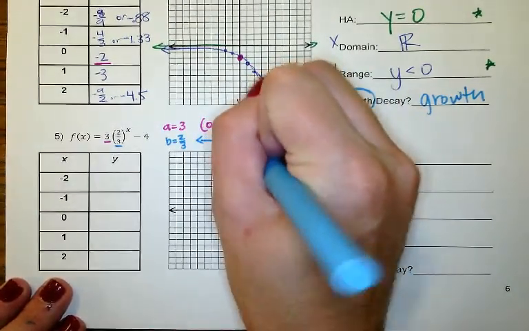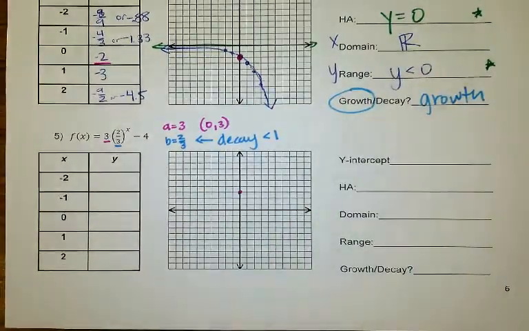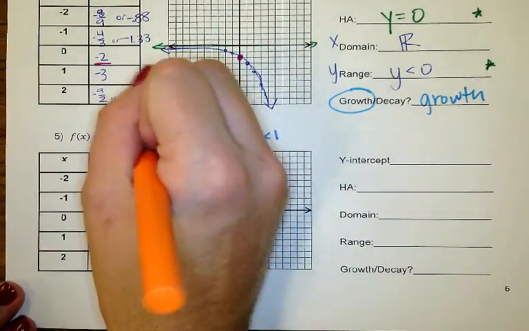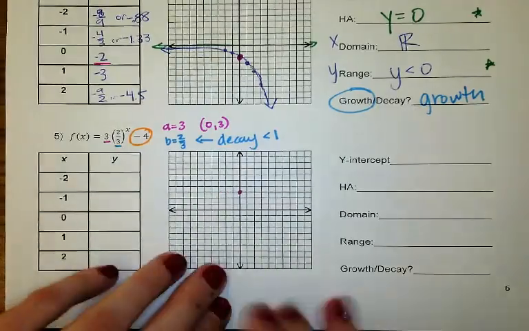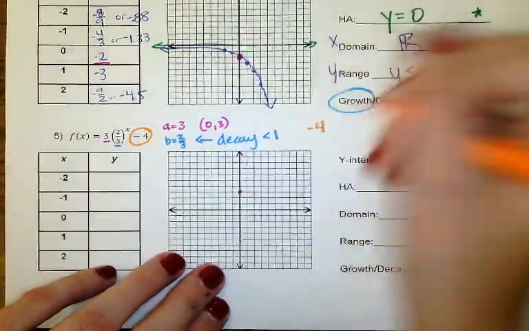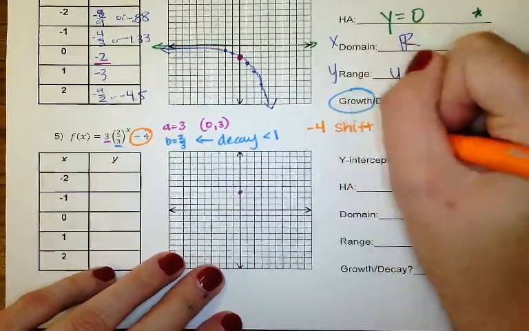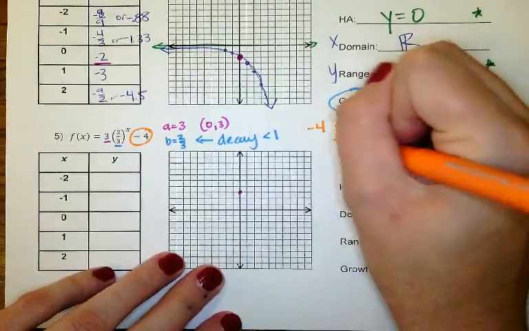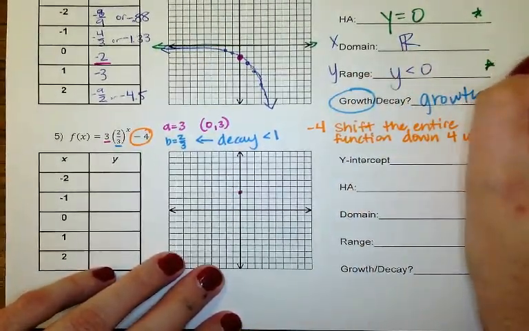Now, we have something new, don't we? This -4 at the end means that we shift the entire function down 4 units. So we're going to take everything and shift it down.